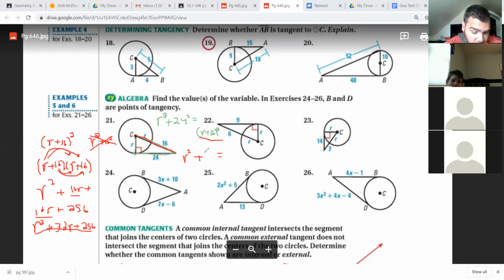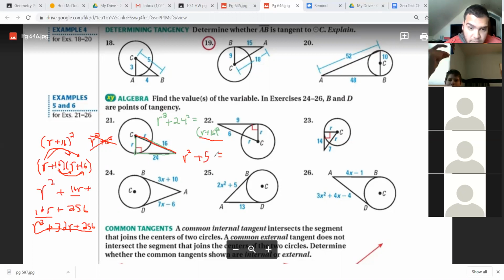Mr. Tobal, how did you get 576? 576 is 24 squared. And 256 is 16 times 16. And over here it is R squared plus 32R plus 256.